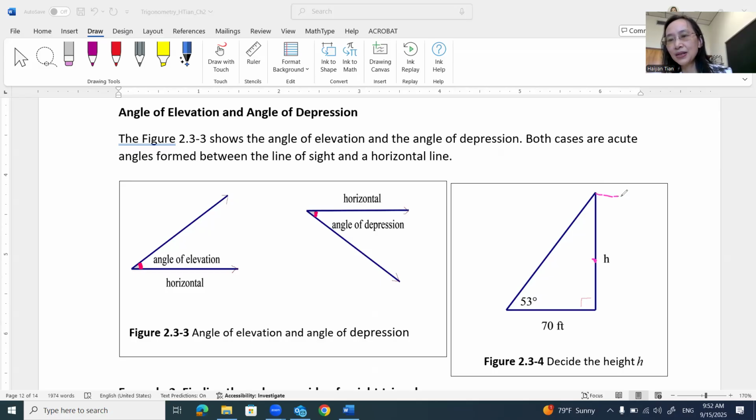You want to discover the height of this building. You're standing here and you look up at the top of the building.